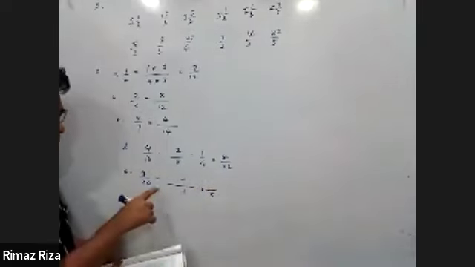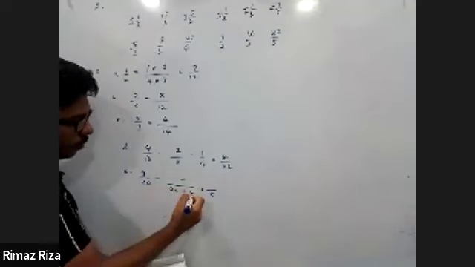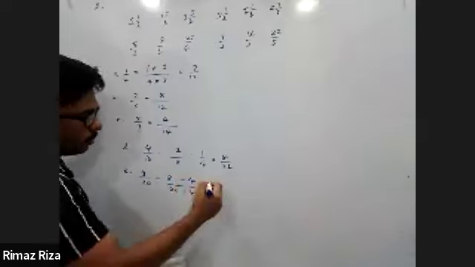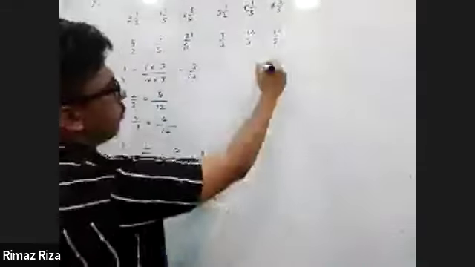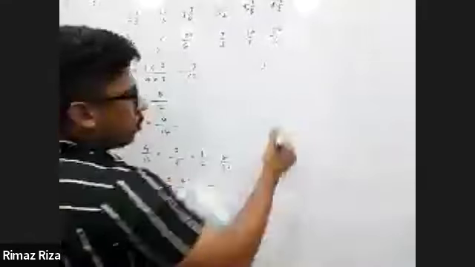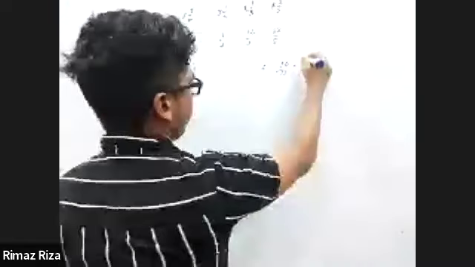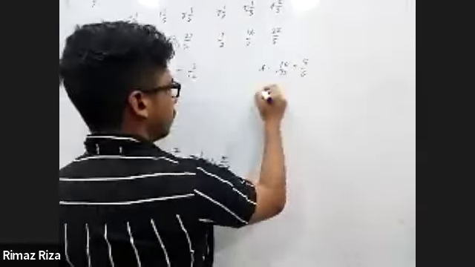Okay, so in order to get 5, 20 should be divided by 4. So therefore the numerator also should be divided by the same number, divided by 4. And if we have 10 over 12 equals to 5 over, so this divide by 2, this divide by 2.